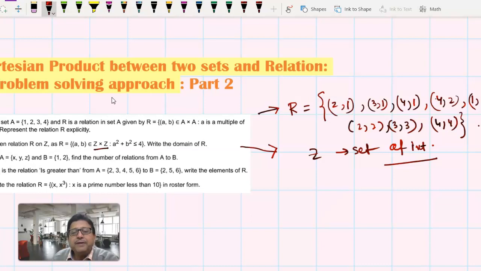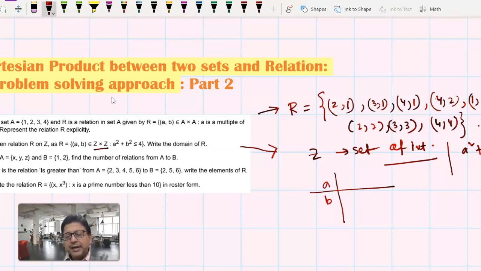You cannot take any fraction, and those two integers will satisfy this relation a square plus b square less than equal to 4. Let us take the values of a and b this manner. If you take (0, 1), it's alright. In fact (0, plus minus 1), because 0 square plus 1 square less than 4 only.